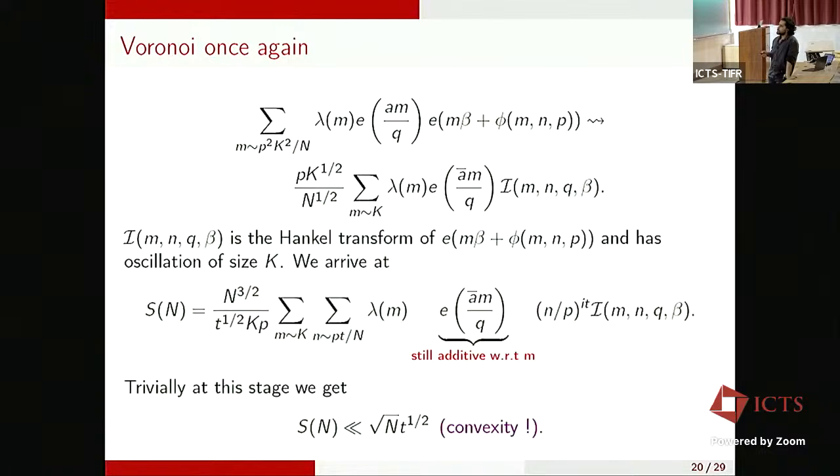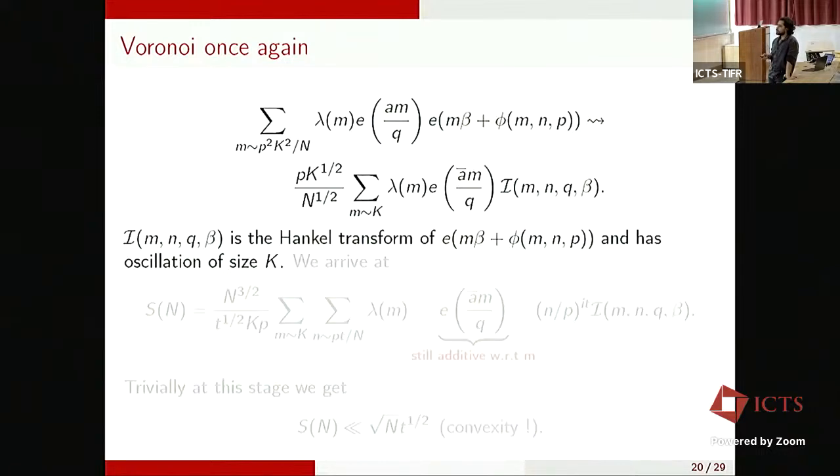This will again be important. This is still additive with respect to m modulo q. So just to check the status, we estimate everything trivially, and now we are just at the boundary. So this will just give the convexity boundary. This is one difference from the earlier approach.